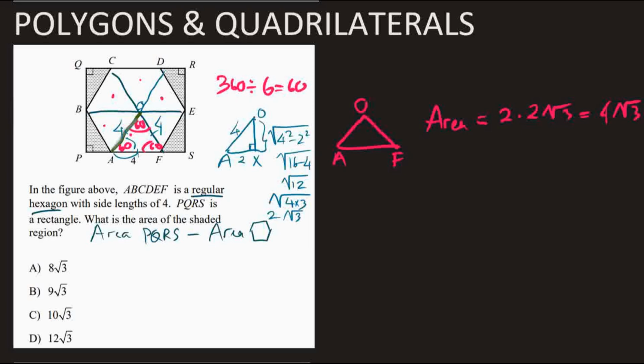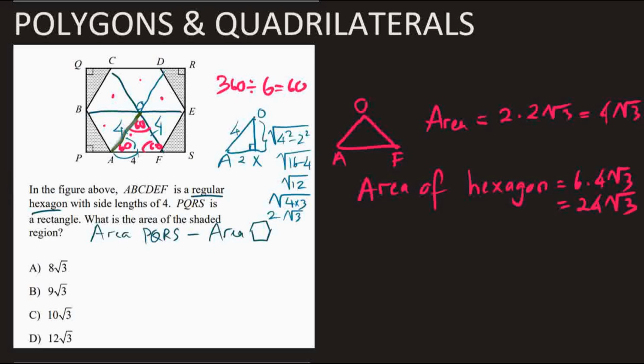Now there are 6 triangles, so the whole hexagon has 6 triangles. The area of the hexagon is 6 times 4 times square root of 3, so it equals 24 square root of 3.